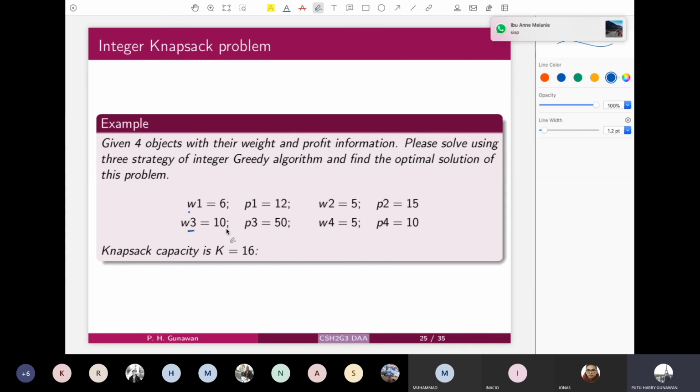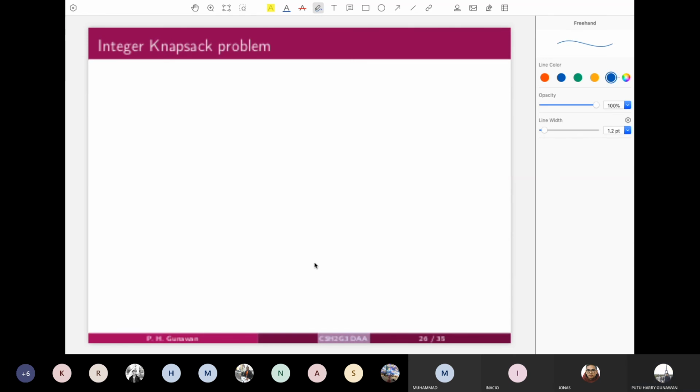Item 3 has weight 10 and profit 15. Item 4 has weight 5 and profit 10. The knapsack capacity is 16. How do we solve this by the greedy algorithm?